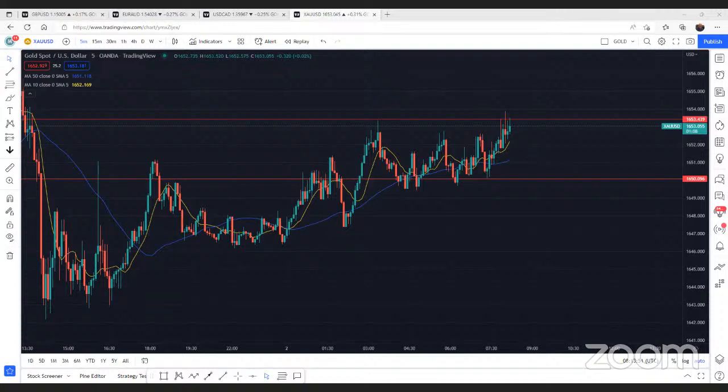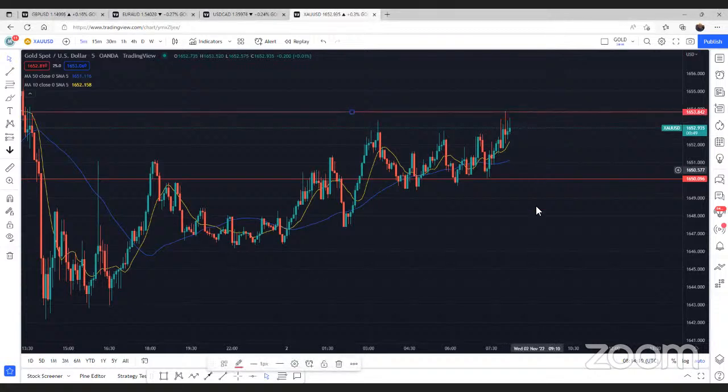I would not be looking to get into trades there until the price breaks out of the zone. That should actually be there.